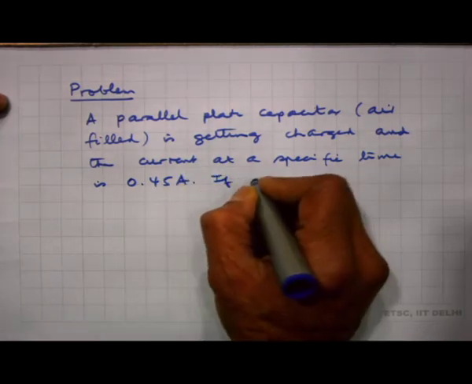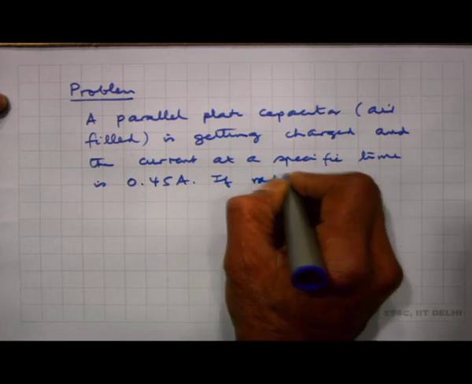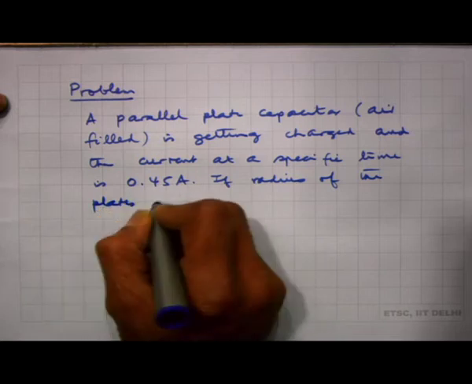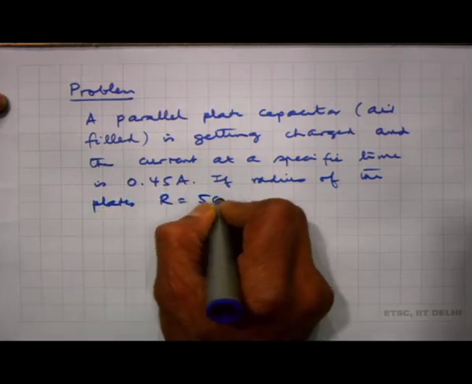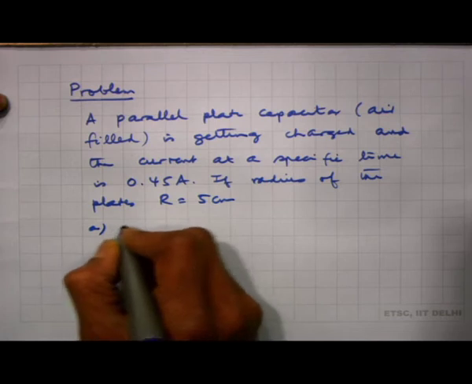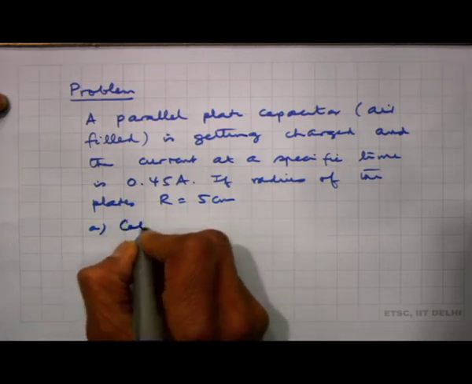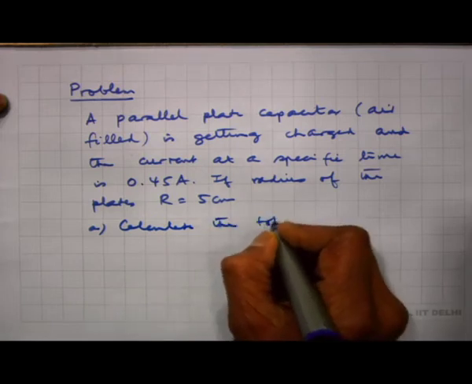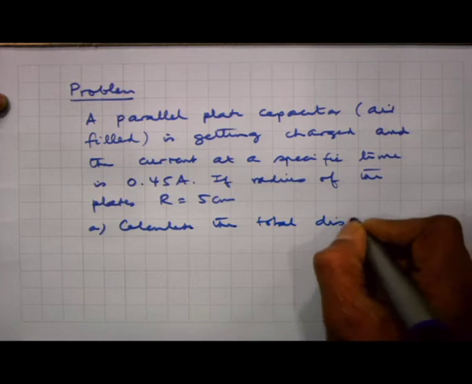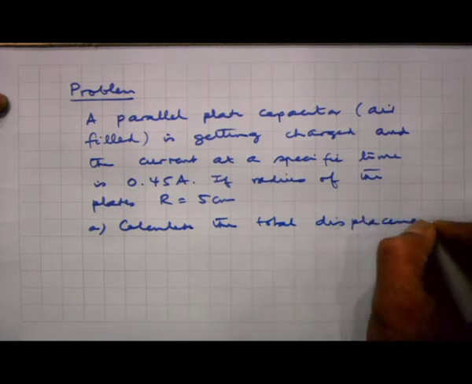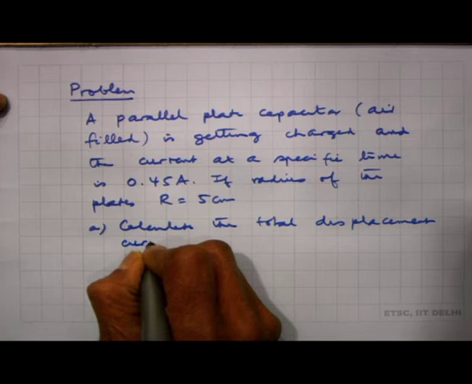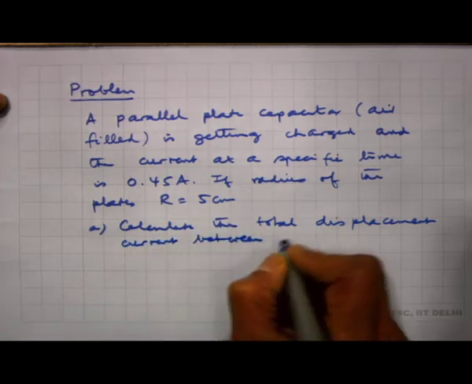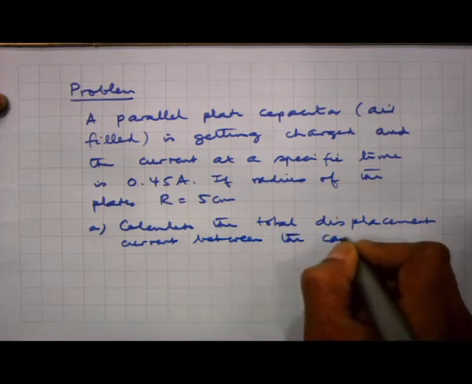If the radius of the plates is r equal to 5 centimeters: A, calculate the total displacement current between the capacitor plates.